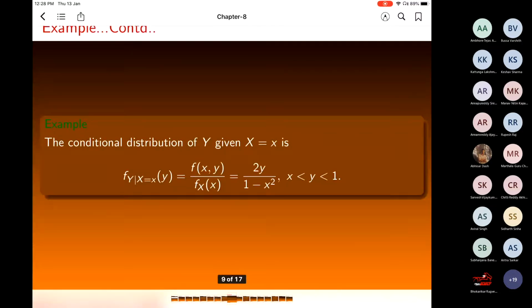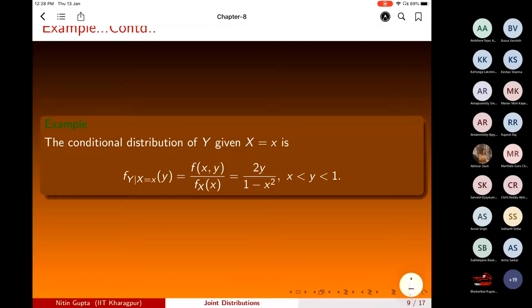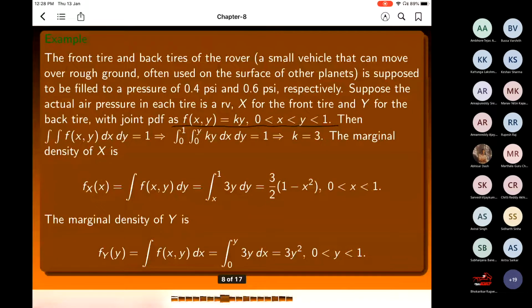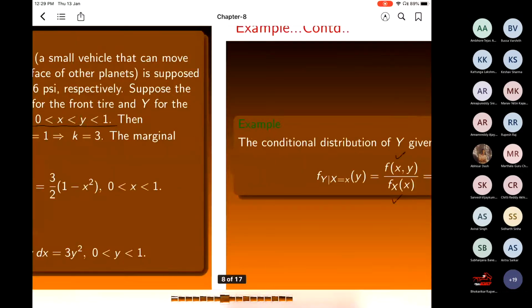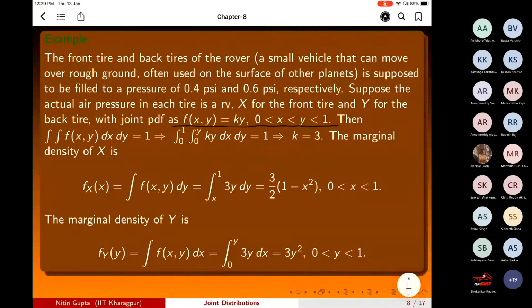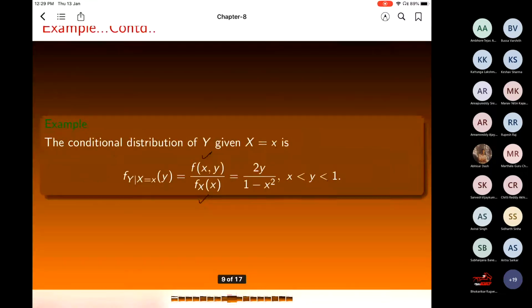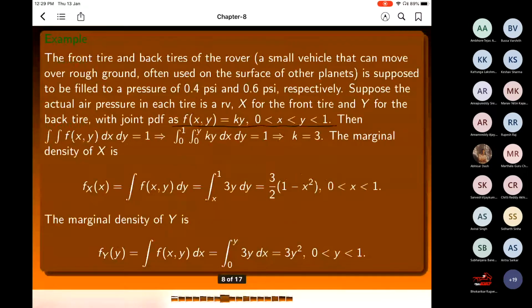So if you want to find the conditional density of y given x is equal to x, that will be the joint over the marginal of x. The joint is given by ky, and k we have found as 3. So 3y upon 3 by 2 into 1 minus x square.